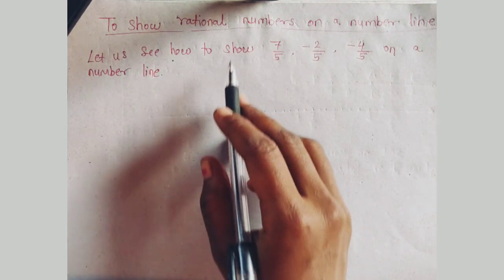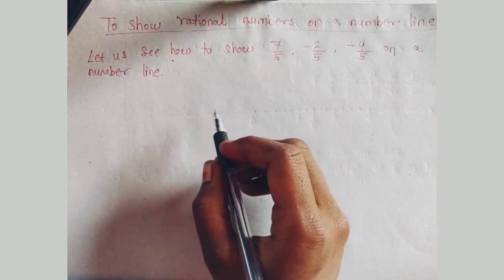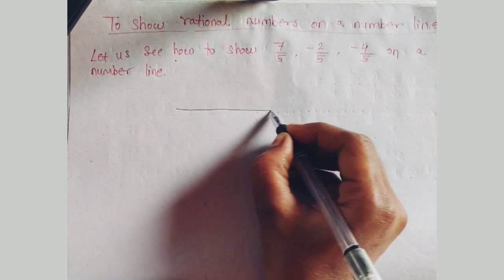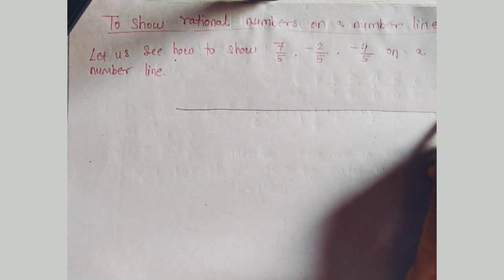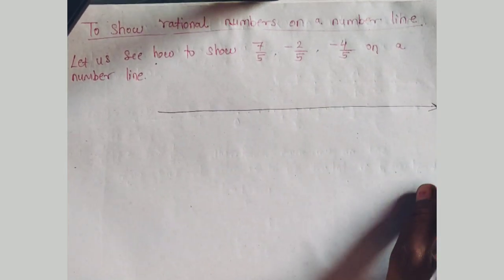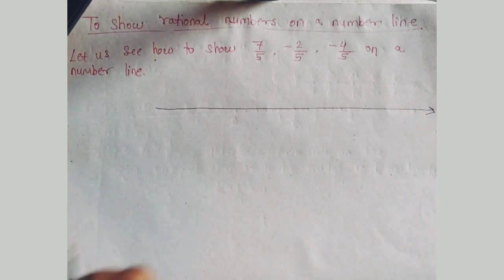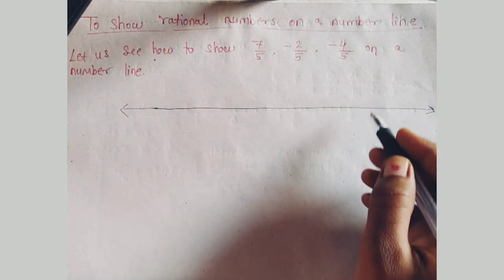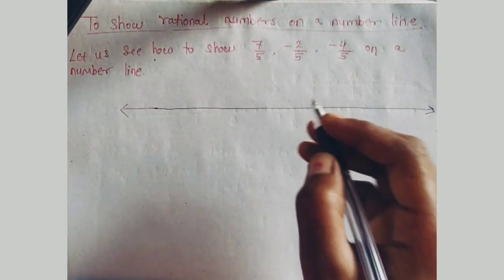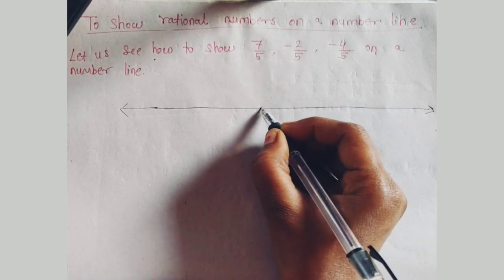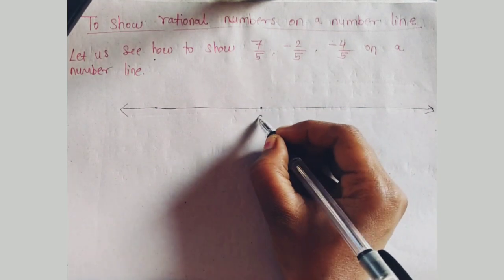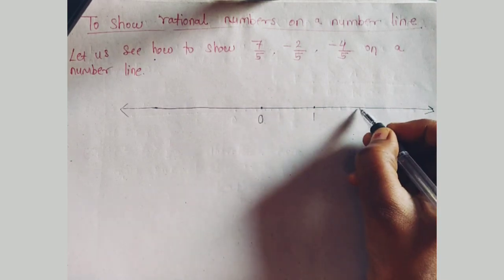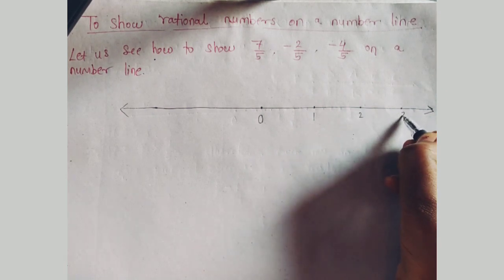Let us draw a number line. This is a line. Now this is only a line, and I am taking some numbers on this line. Numbers 0, 1, 2, 3.